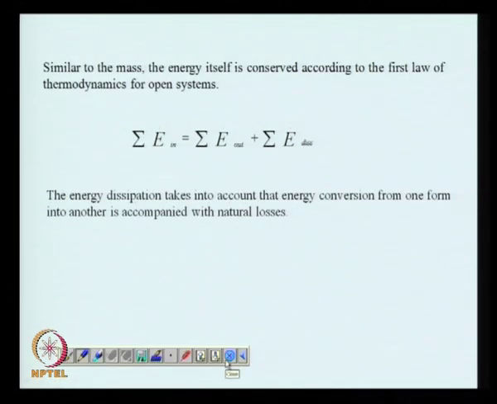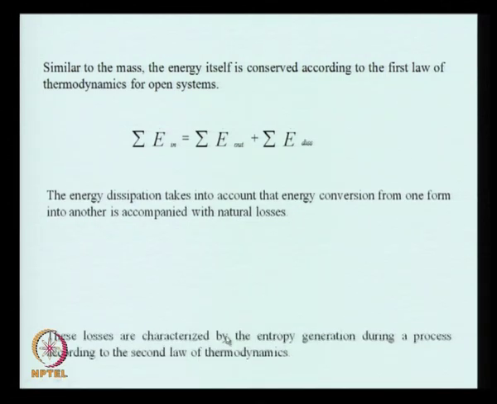So, similar to mass, the energy is also conserved, and the energy dissipation will take into account the energy conversion from one form to another, which is accompanied by natural losses. So, whenever energy gets converted to another form of energy, there will be some losses which cannot be recouped, and the magnitude of the energy which dissipates essentially tells us how efficient the process is.